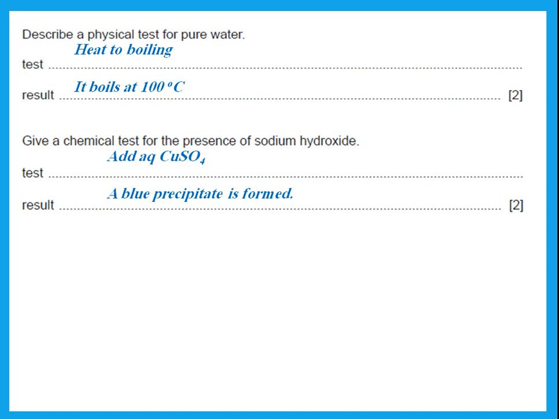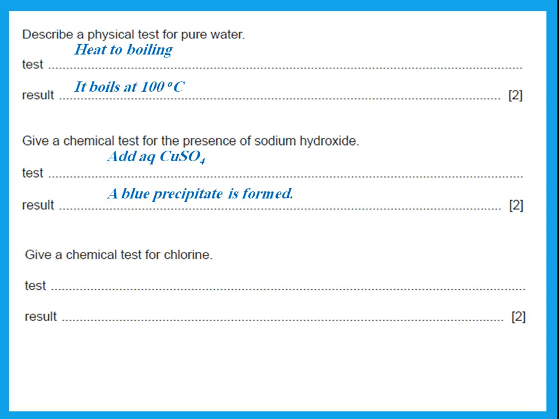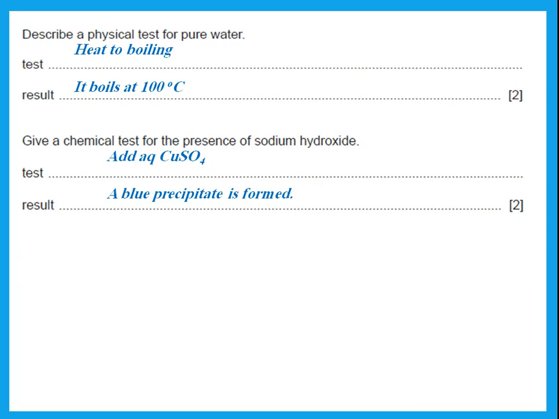Do we understand this? Okay. Give a chemical test. Actually, for the sodium hydroxide, you can use any of the things that we use the sodium hydroxide for. For example, you could say add ion 2 sulfate, ion 3 sulfate, ion 2 chloride, ion 3 chloride. It's preferable to use something that gives a color that is visible.